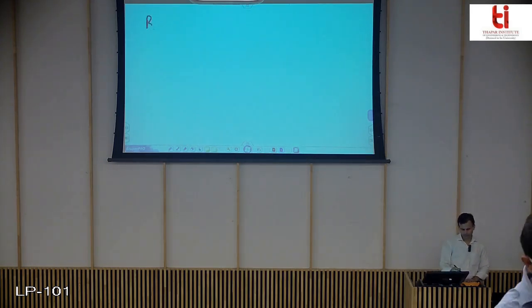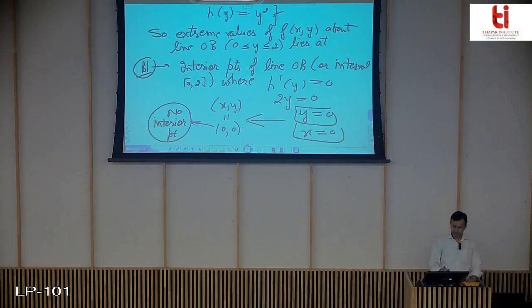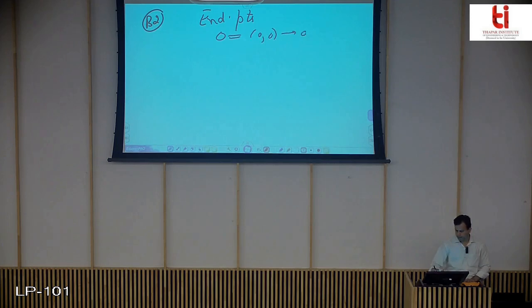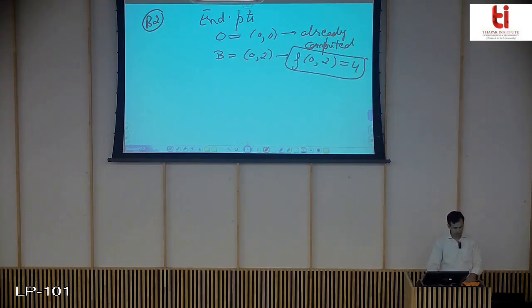So for D2, the extreme values of f(x, y) about line OB can exist only at the endpoints: O, (0, 0), which we have already computed, and the other, B, that is (0, 2), where the value of the function is 4.